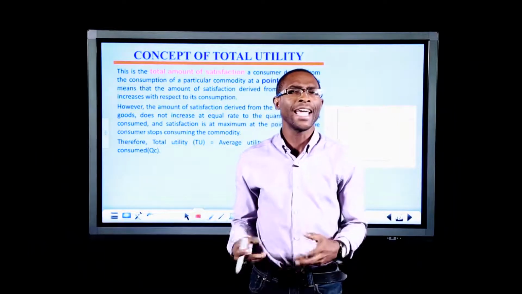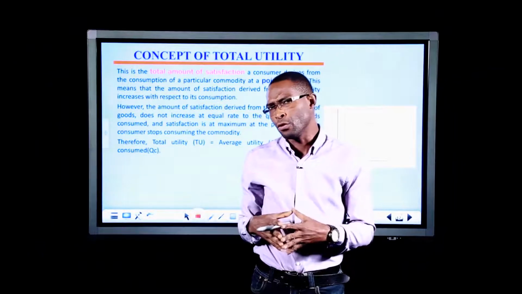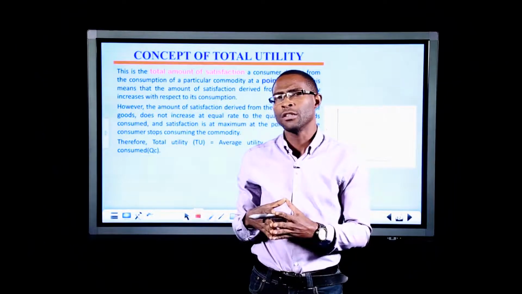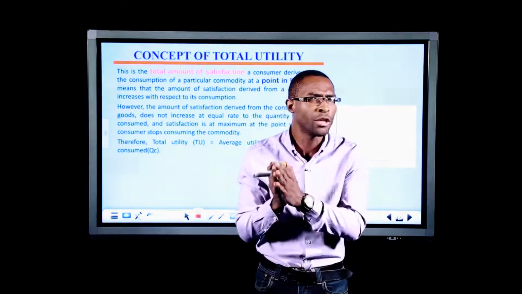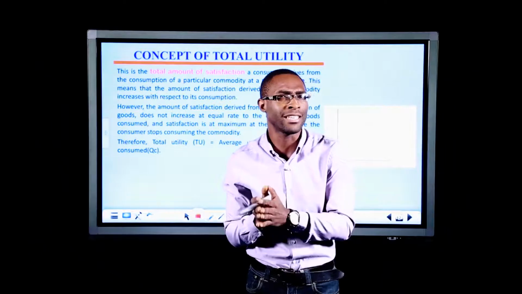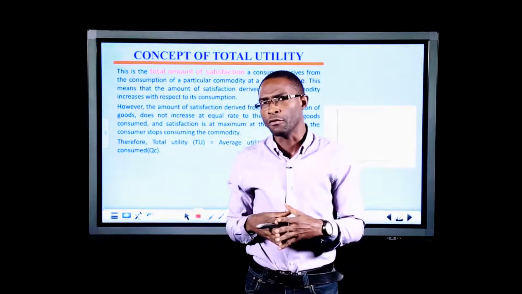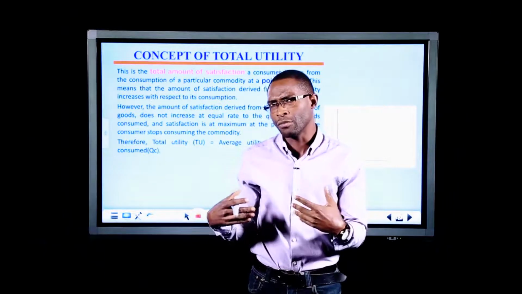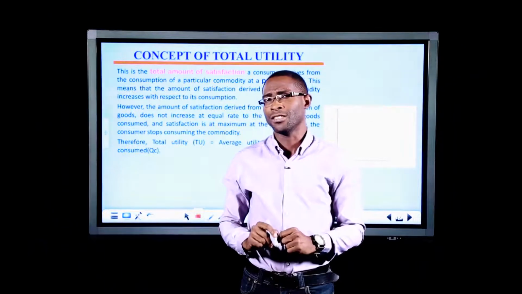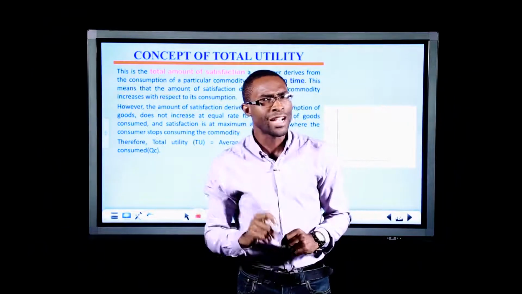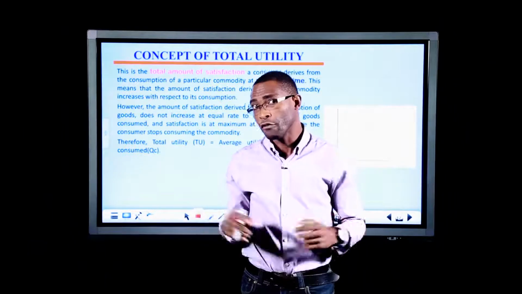So if I am thirsty and I buy a bottle of Coke, and after consuming it I am not filled, the one bottle of Coke was not able to satisfy my thirst, and I go further to buy another bottle of Coke. After consuming this one, I am now satisfied. Total utility tells us that my satisfaction came from the consumption of 2 bottles of Coke.